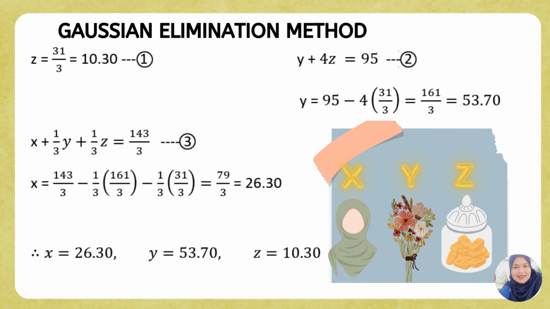And then to find the value of x from the third equation, which is x plus 1 over 3y plus 1 over 3z equal to 143 over 3, as we know the value of y and z, we substitute in the third equation so that we get x value equal to 26.3. So here we can conclude that x equal to 26.3, y equal to 53.7, and z equal to 10.3.